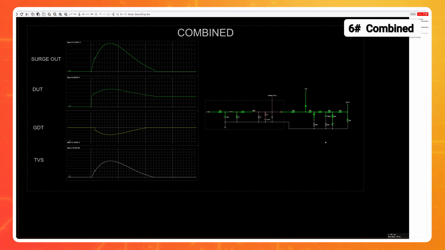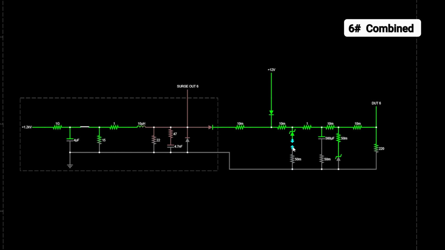So what's actually going on here? If you see there's this little spike right here, right where the gas discharge tube activates. These are slow acting devices. So when the surge is first shown across here, the TVS diode conducts almost instantaneously. It is able to dump the initial current until the discharge tube wakes up, essentially.